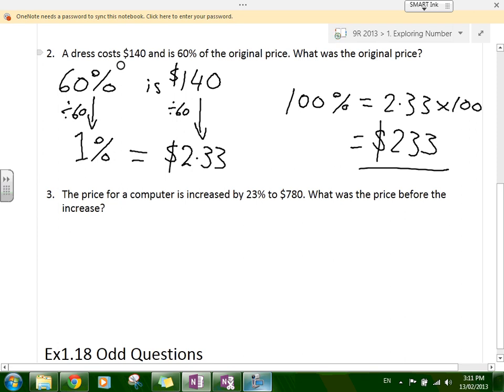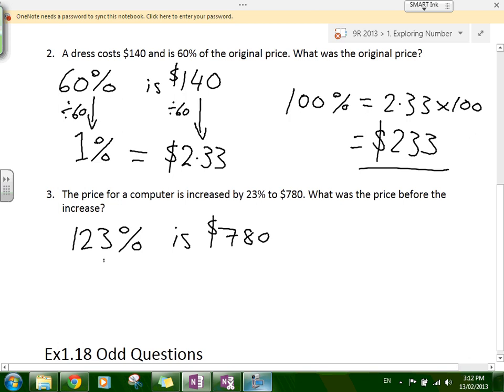If you think about it, when you have 100%, you increase it by 23%, it becomes 123%. So 123% is $780.